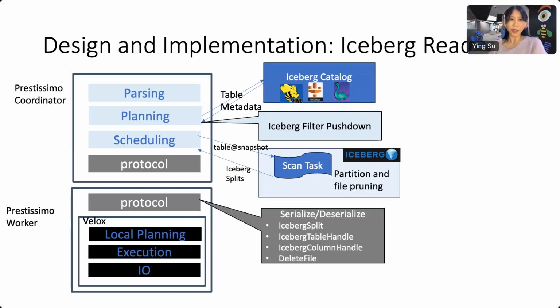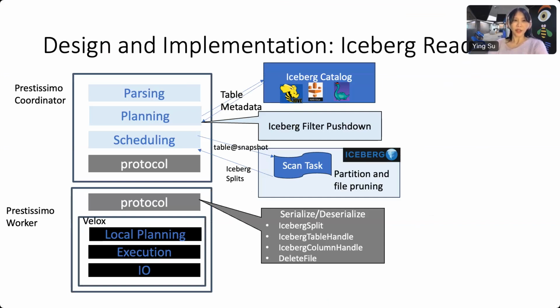Specifically, we implemented a special rule for Iceberg filter pushdown, because for Velox, the filter is required to be pushed down to the readers. But in the Presto Java engine, the Parquet reader doesn't support the filter pushdown. So the users will need to turn on a session property to enable the Iceberg filter pushdown.